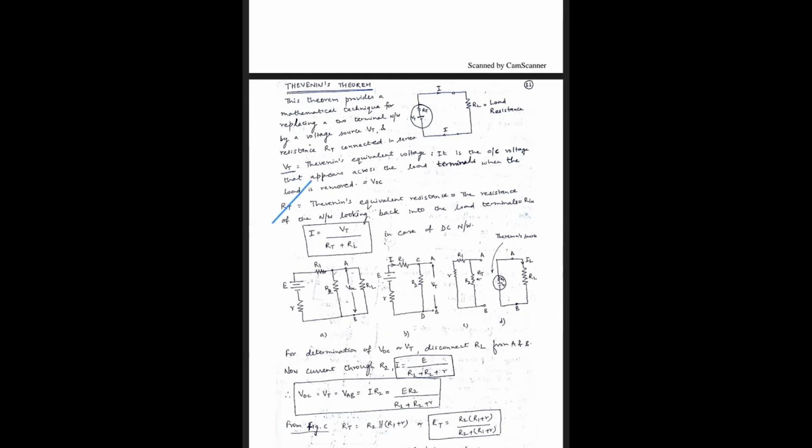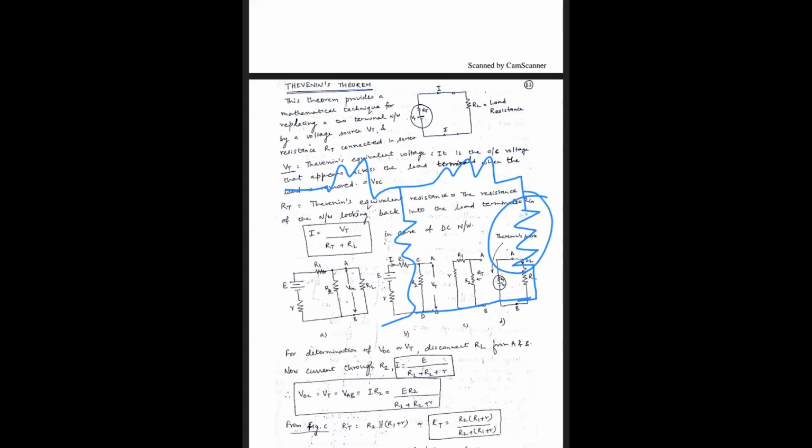The Thevenin resistance is also defined in a simpler manner. The Thevenin equivalent resistance is the resistance of the network looking back into the load terminals. Whenever a circuit is given with a few resistances in series and a few in parallel, suppose this is our load resistance.